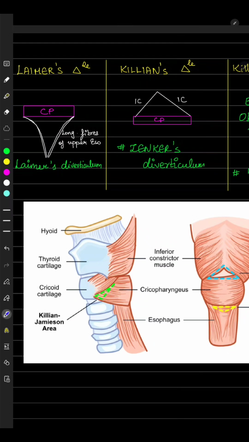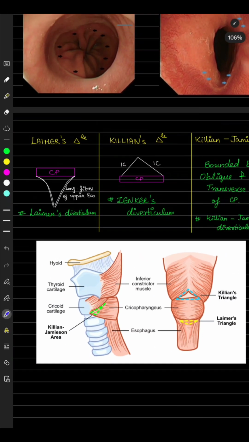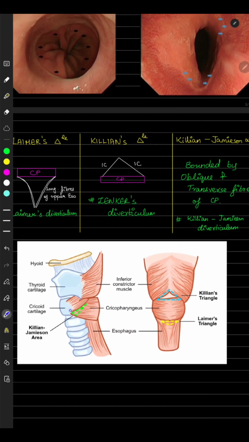For this, the cricopharyngeus muscle itself is responsible. It is bounded by the oblique fibers and the transverse fibers of the cricopharyngeus muscle. And if a diverticulum occurs here, it's known as Killian-Jamieson diverticulum.